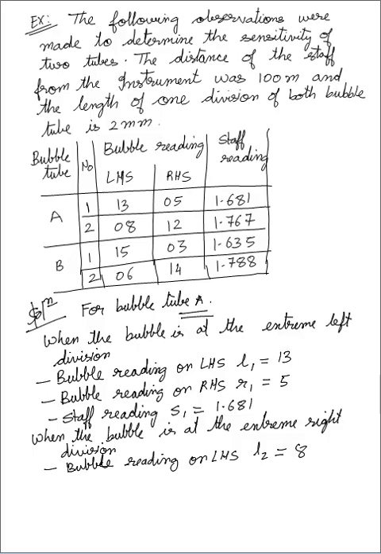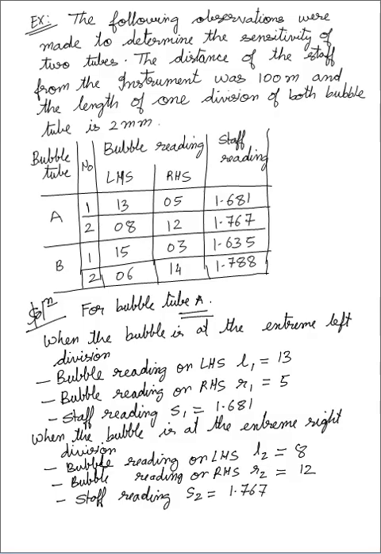Just look at this table. Then bubble reading on RHS is denoted by small r2, and its value is given as 12, and staff reading S2 is 1.767.